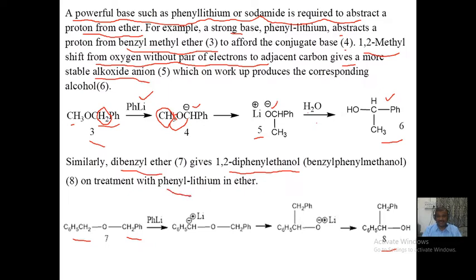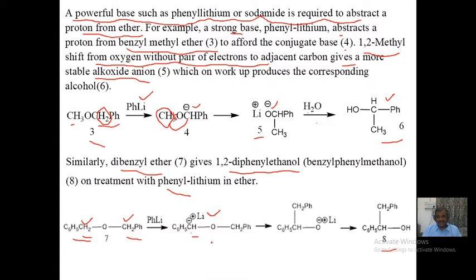This is a strong base in the presence of ether. So what will happen? This is a symmetrical ether, friends, so both this carbon and this side carbon are equivalent. So phenyl lithium allows abstraction of a proton from this CH2 part. So an anion is formed, counterbalanced by Li plus.